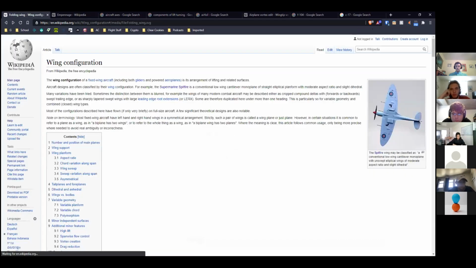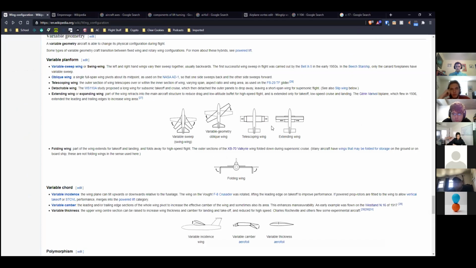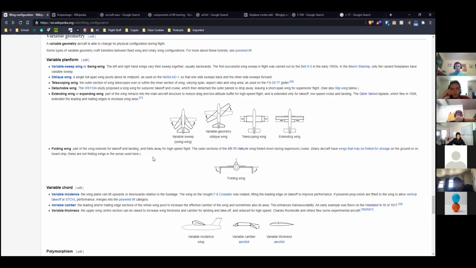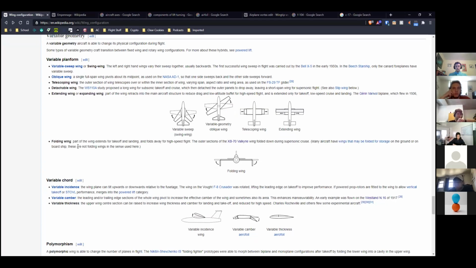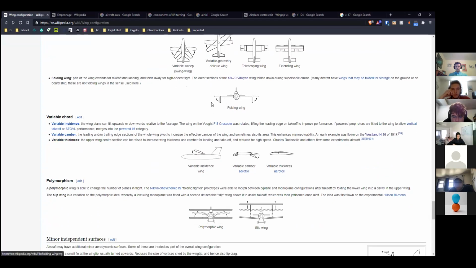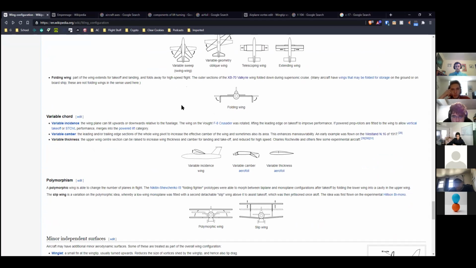And really, they only did that on the XB70 because they realized they needed more wing area on takeoff than they did at speed because they were going so fast. But most subsonic planes don't need a folding wing. And again, that's a whole bunch of complexity you have to design for and add weight for.